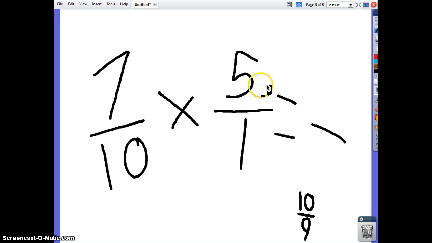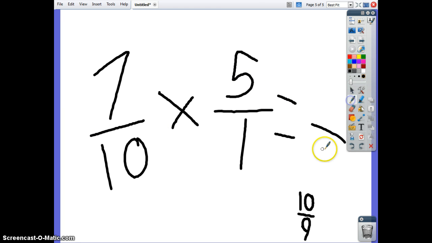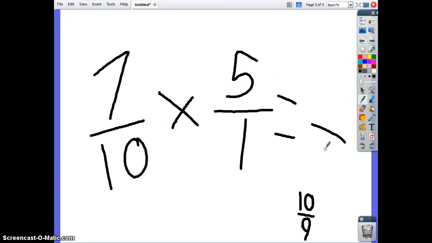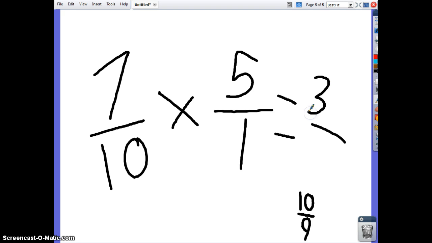So 7 times 5 equals 35. 10 times 1 equals 10, of course.